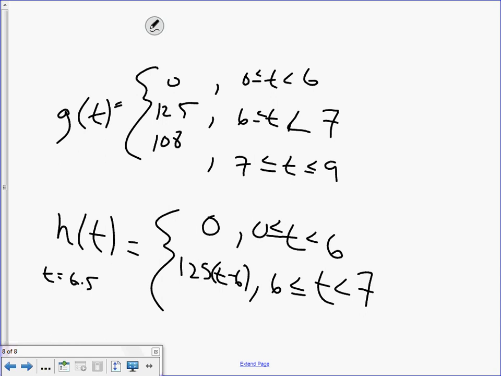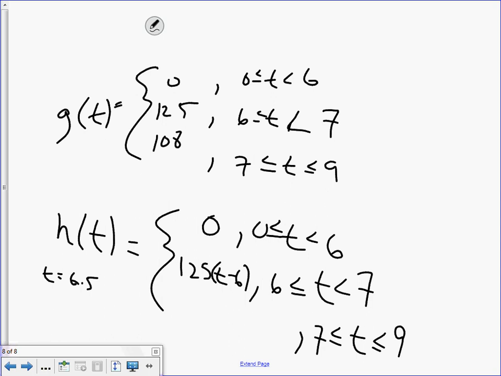So by the time you hit 7 o'clock, she's definitely already shoveled 125 cubic feet of snow. But now we want to figure out how much snow altogether she shoveled for some time between 7 and 9.